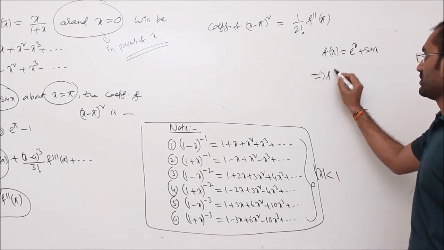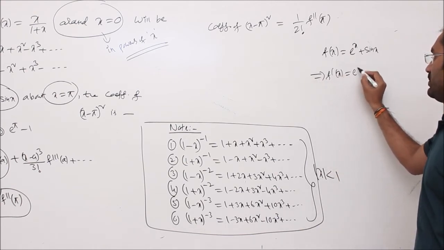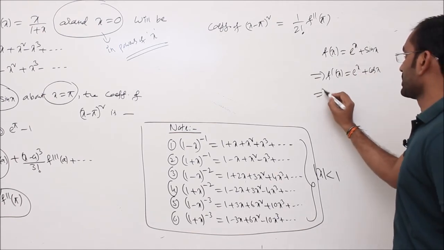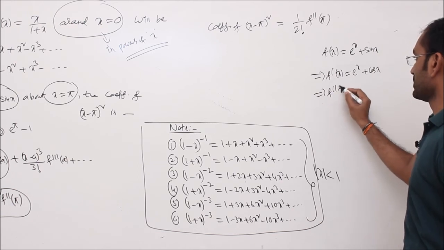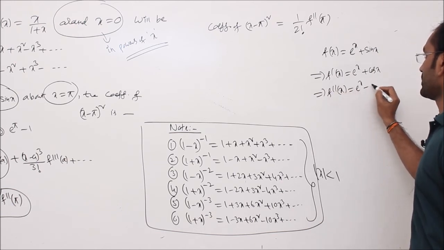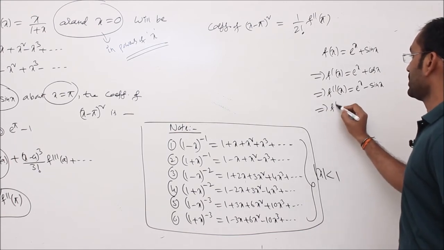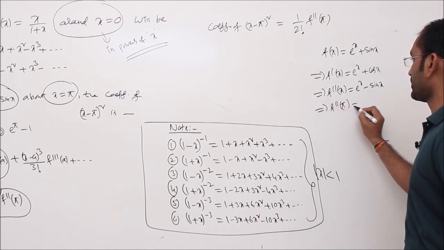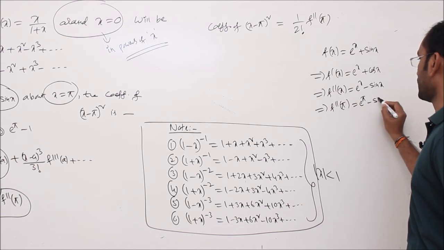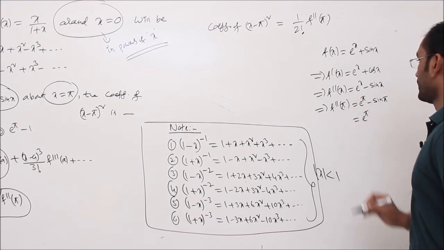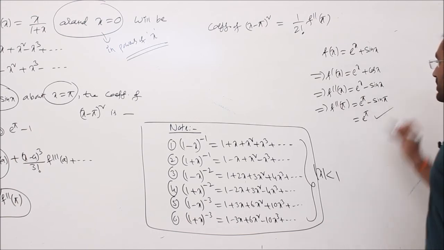So the first derivative f dash of x is e power x plus cos x, the derivative of sin x. Next, finding second derivative f double dash of x, e power x minus sin x. Now finding f double dash of pi, replacing x with pi, we get e power pi minus sin pi. So here sin pi value is 0, we get f double dash of pi is e power pi.